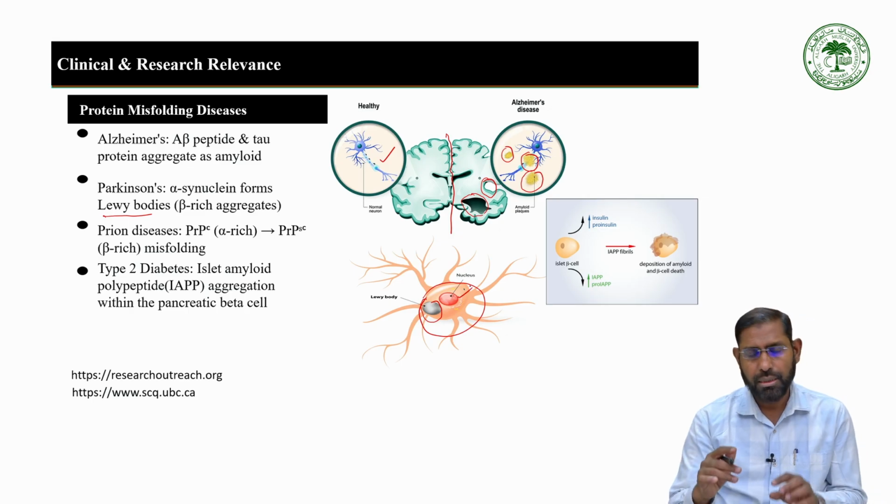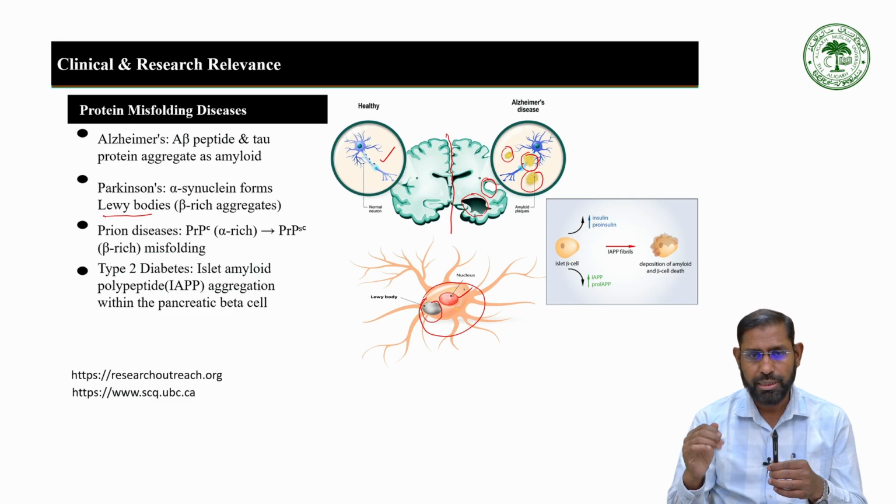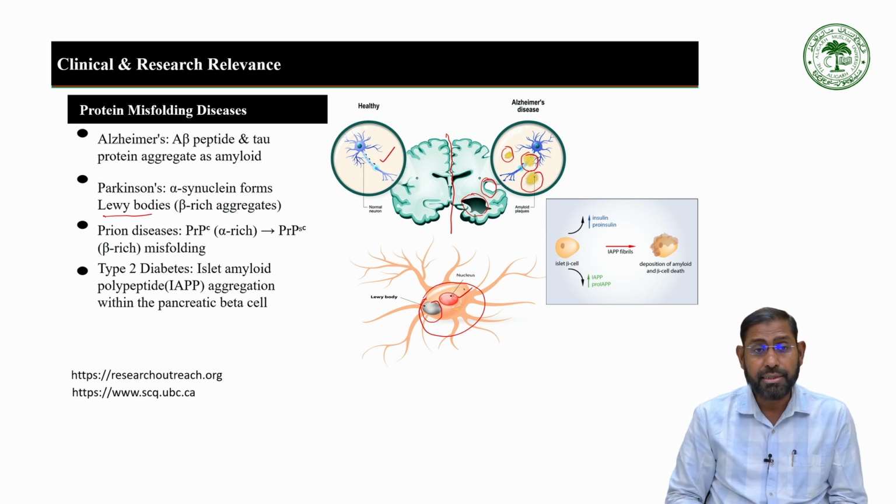So what happens? They form a Lewy body, a beta rich aggregate, and because of that the neurons are disturbed, causing motor disorders. And then there is a lot of muscle movement, very fast movement, a kind of shaky disease, because of Parkinson's. Then another disease is prion disease.